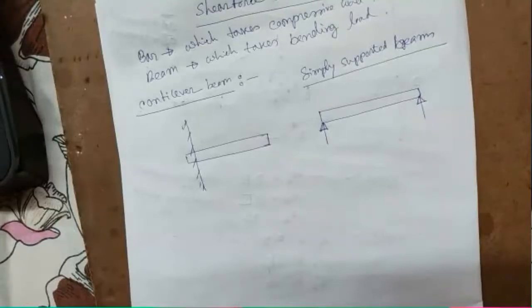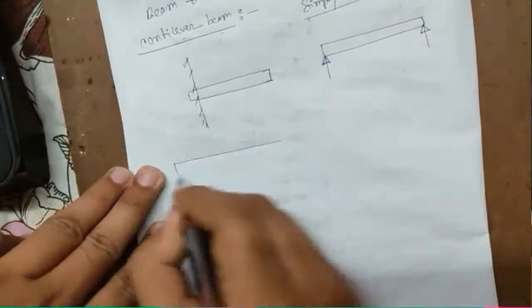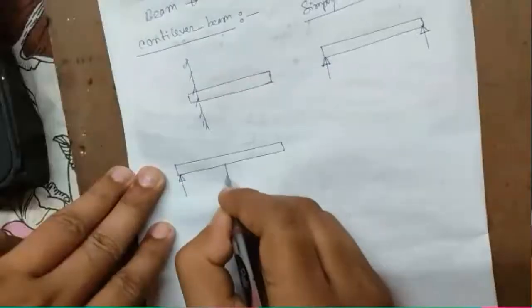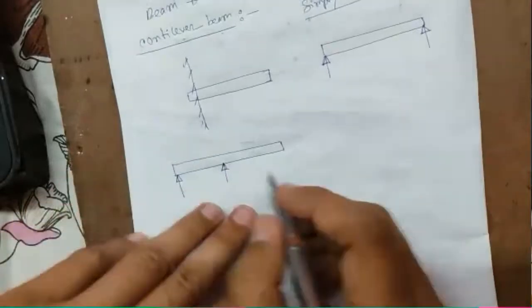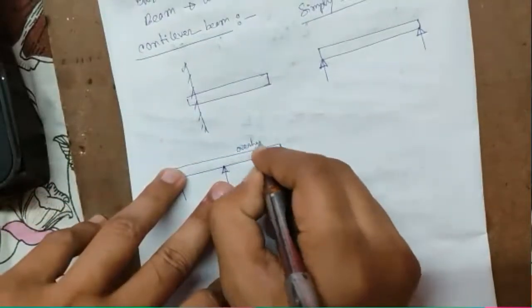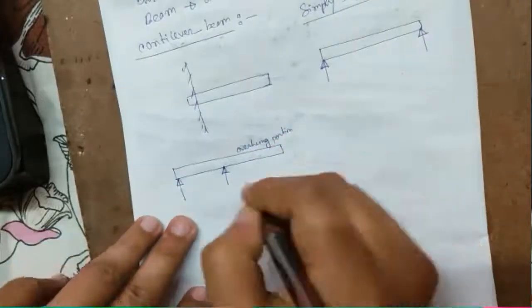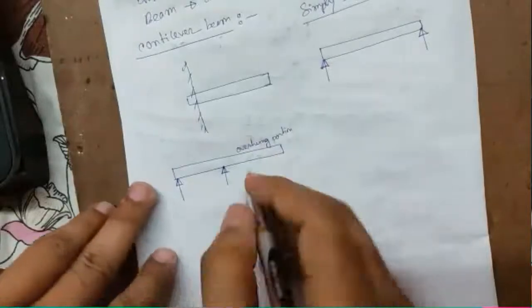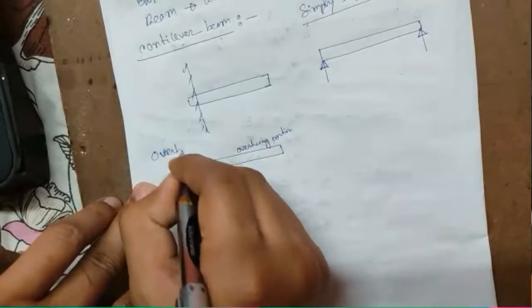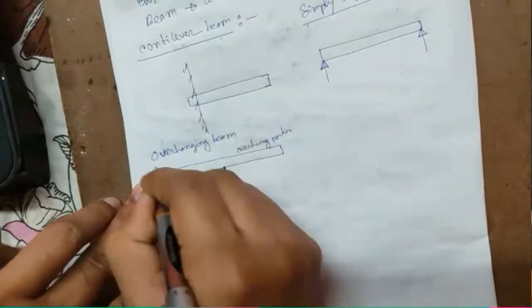Now next there is another type. In that case, some portion of the beam is overhung from the support. So this portion is overhung portion, beyond the support. So this type of beam is called overhanging beam.